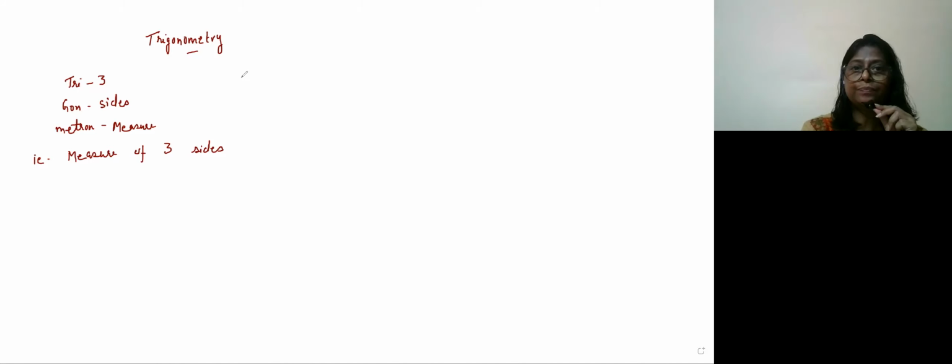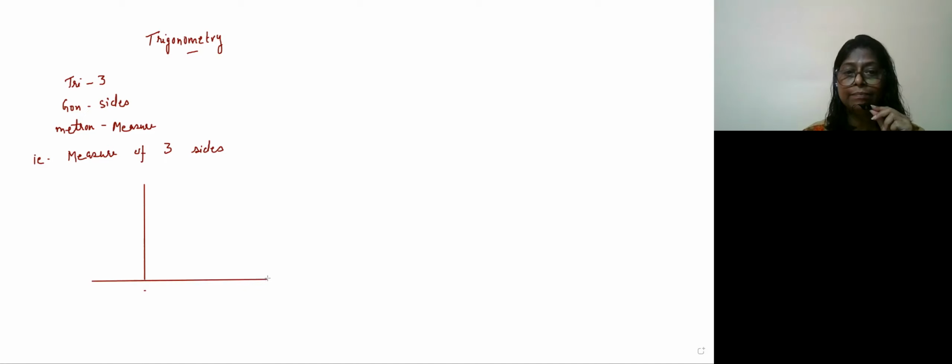Trigonometry is used, first of all, to find the height of any building, any monument, to find the height of a tree, to find the height of a tower, etc.